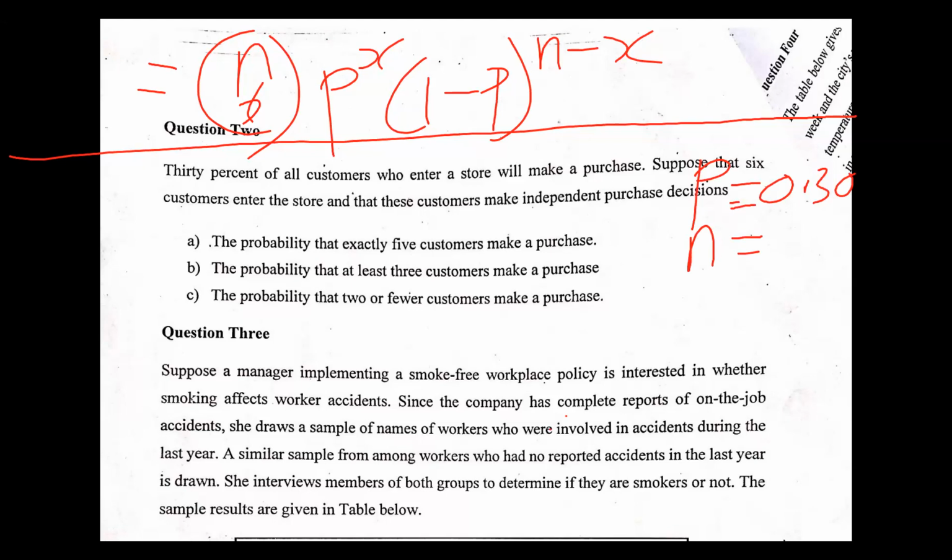What is our number of trials? 6. Yes, there are 6 trials because there were 6 customers in total. And X is the number of successes. So for A, what is the value of X?